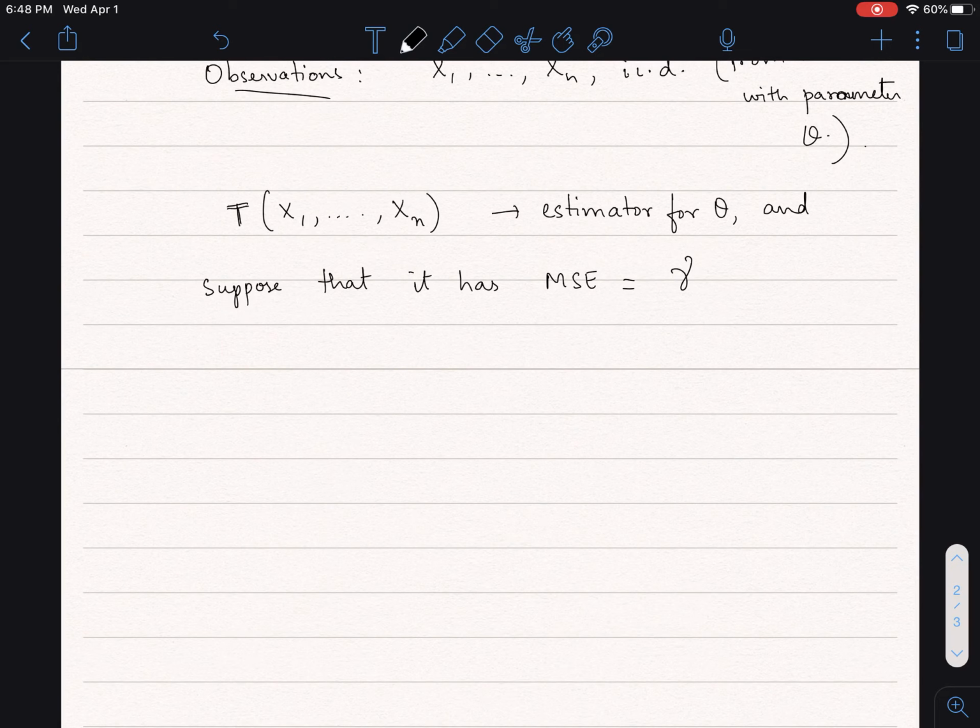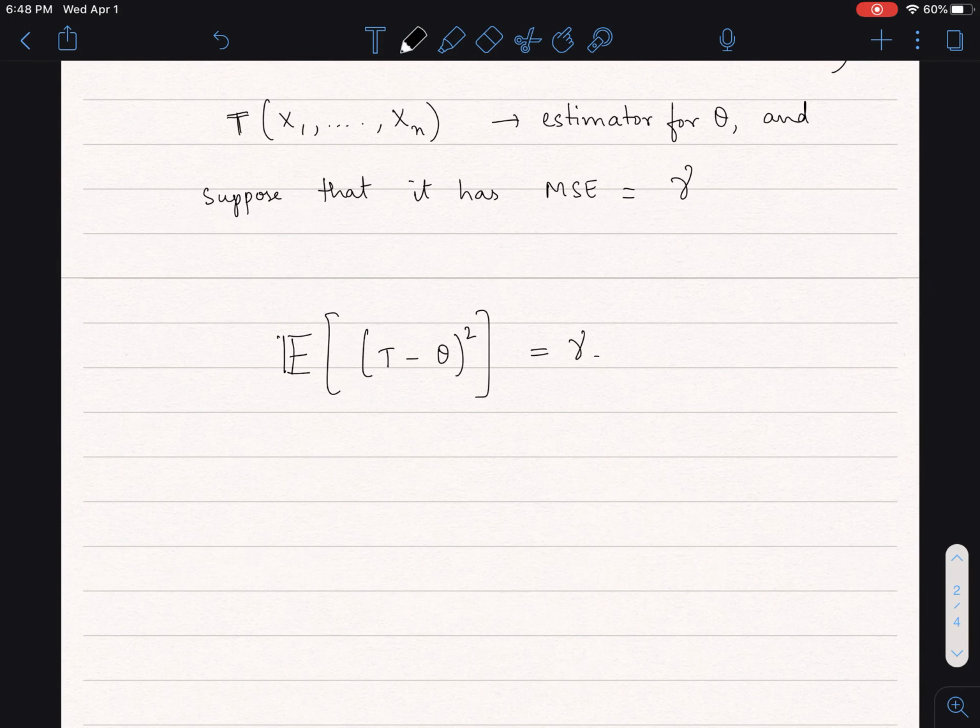Okay, so what does that mean? It means that the expected value of (t minus theta) whole squared is equal to gamma. That's what I'm assuming.